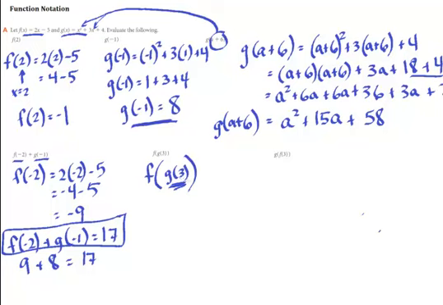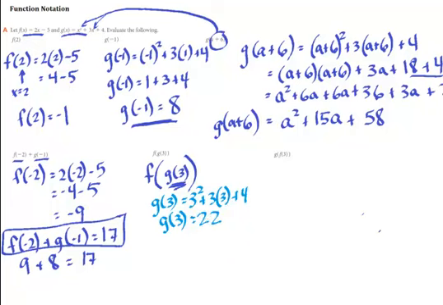So I'm going to do that in a different color. G of 3 is 3 squared plus 3 times 3 plus 4. So g of 3 is going to be 9 plus 9 plus 4, so that's 18, 19, 20, 22.